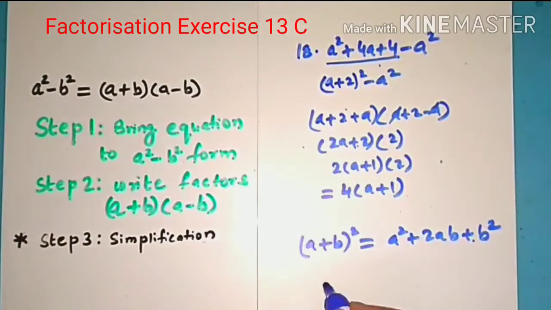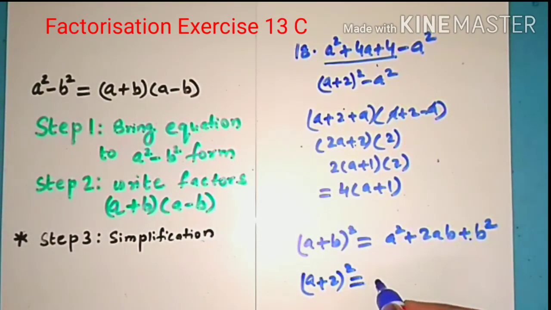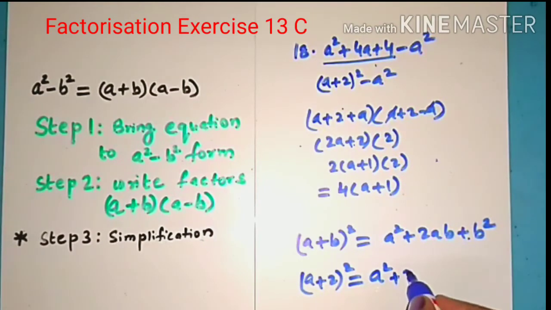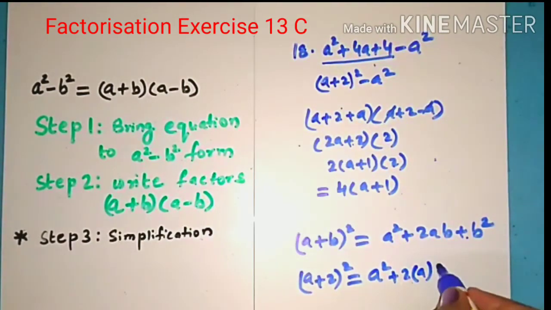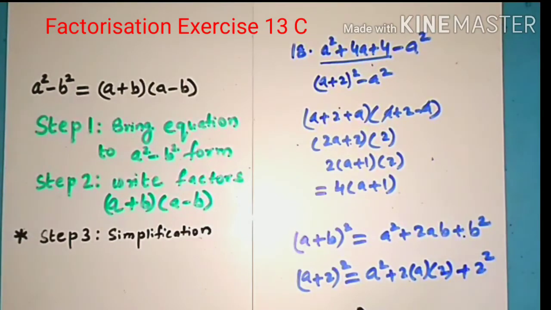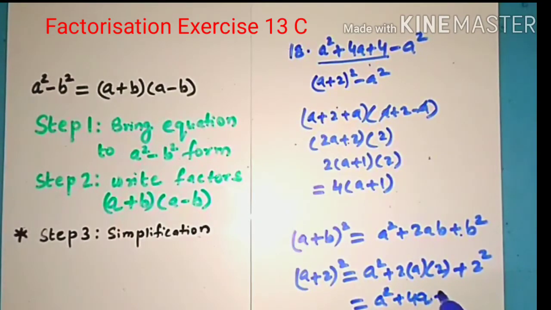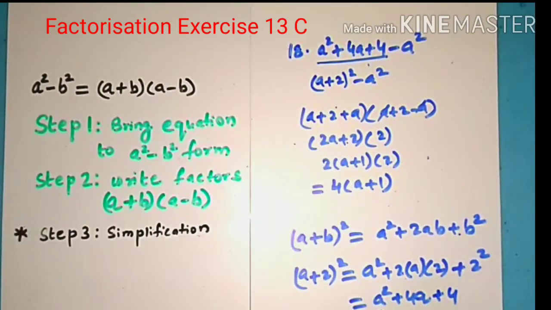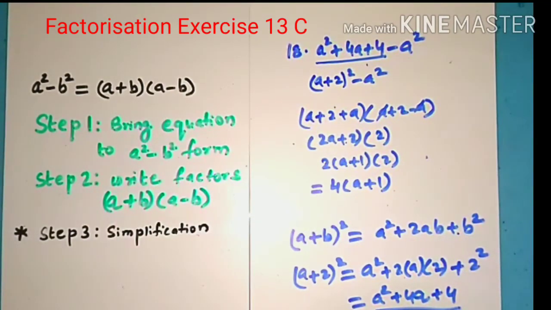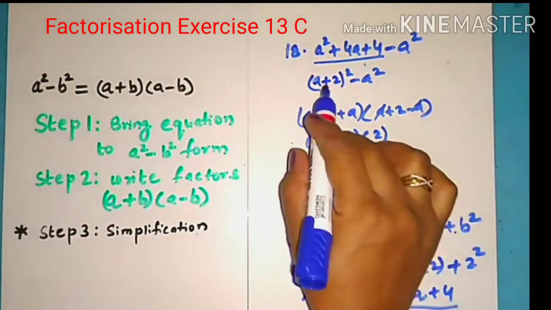If you expand this using this identity, you will have a square plus 2 into a into 2 plus 2 square. This is a square plus 4a plus 4. So this we have changed to this and we have used it here.